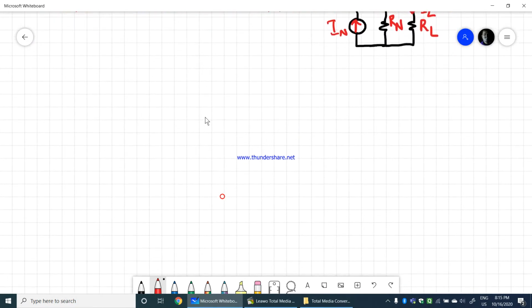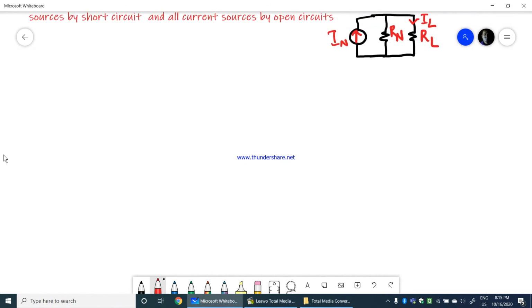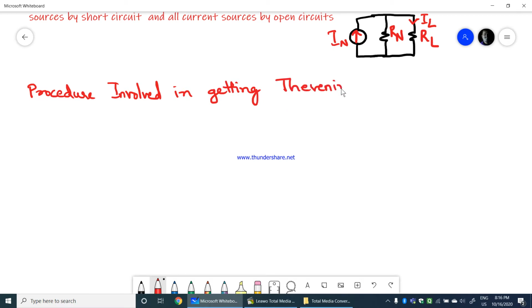So this is the statement of the theorems. Now I'll just tell you the procedure involved in getting Thevenin's equivalent circuit. What would be the procedure in getting the Thevenin's equivalent circuit?